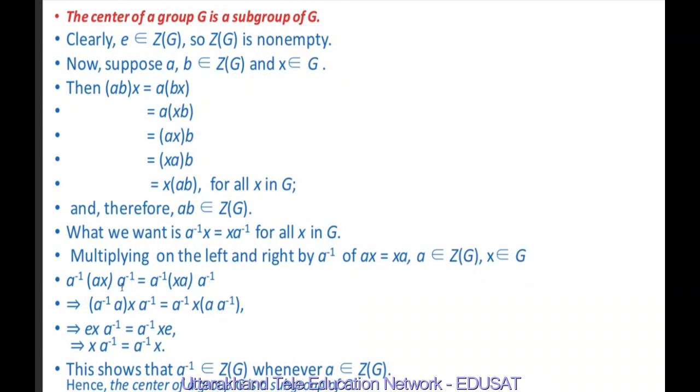By associativity, we may write (A inverse A) into X into A inverse on one side, and A inverse X into (A inverse A) on the other side.